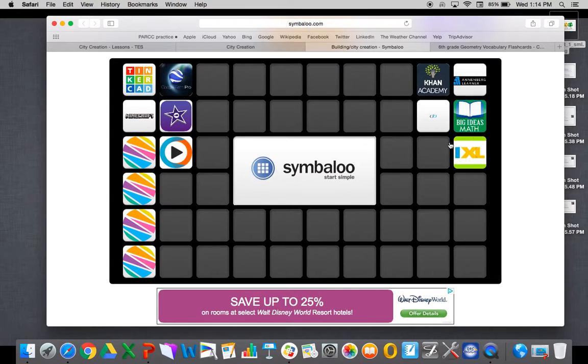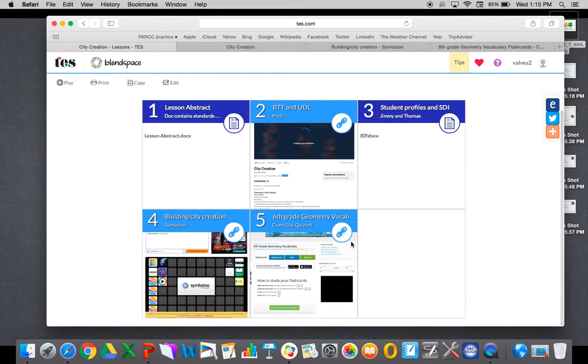And on the right side, I have some resources that would come in handy for me as a teacher to just quickly revisit those concepts, perhaps before actually starting this project, or a combination of before starting and throughout the project as well.